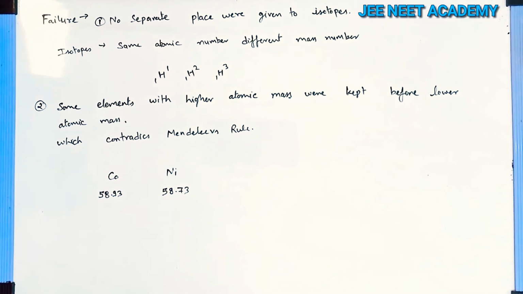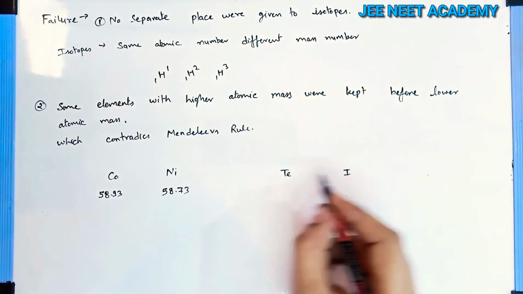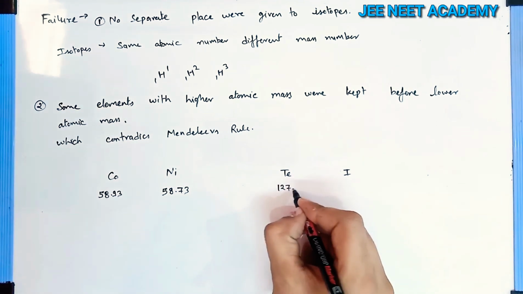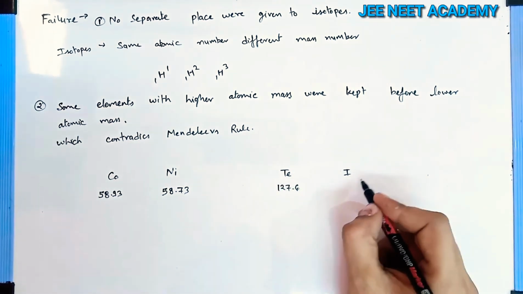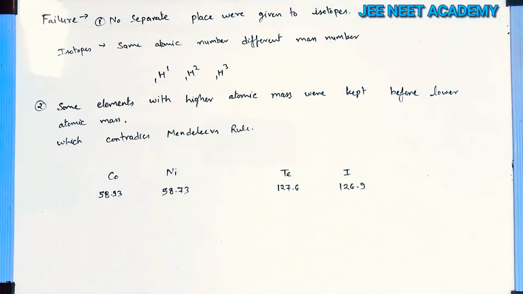So it is contradicting Mendeleev's rule. Tellurium and iodine. The atomic weight of tellurium is 127.6, and for iodine 126.9, but still he kept iodine after tellurium. So it was contradicting its own rule.